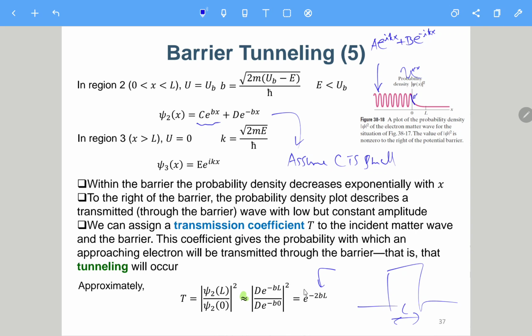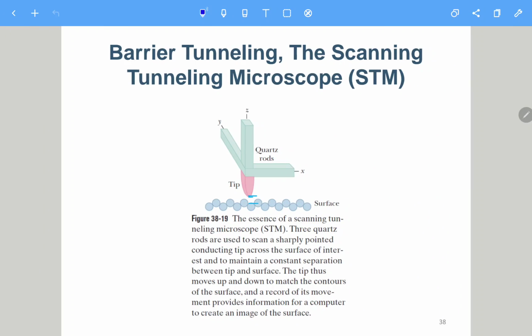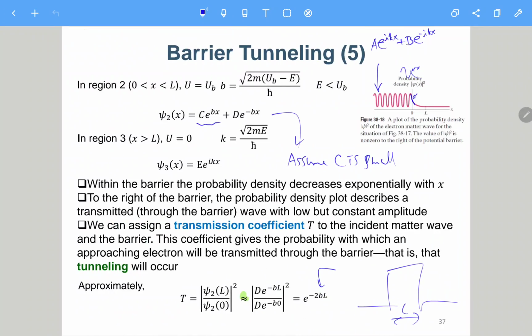If b is smaller, this term will be larger, which means that even though the kinetic energy is smaller than the top of the potential wall, if the kinetic energy is close enough, then the probability of the particle to go through this wall will be larger. Okay. So this is the interesting stuff here. The tunneling effect.